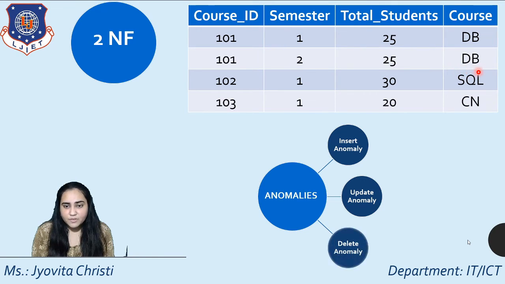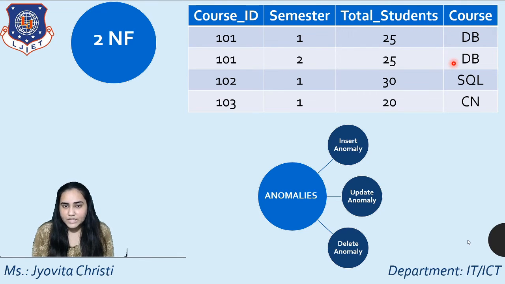The next type of anomaly is the delete anomaly. The delete anomaly is where I want to delete a particular course from this table. So let's say that, as an example, I want to delete DB from this table. Then this causes me trouble, because how can I delete DB?